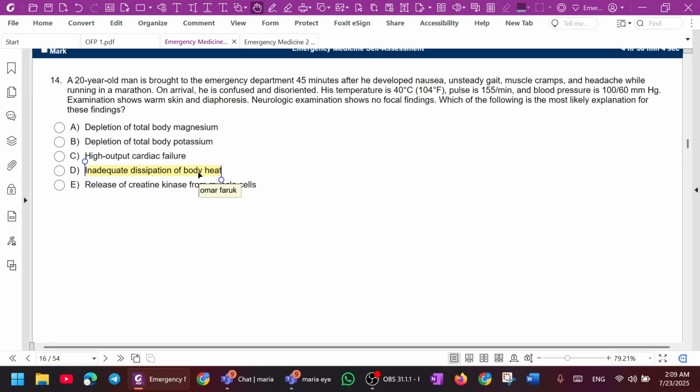Okay, got it. So lots of fluid is being lost, so the remaining salt causes hypernatremia, isn't it? So it is hypovolemic hypernatremia. Okay, next.